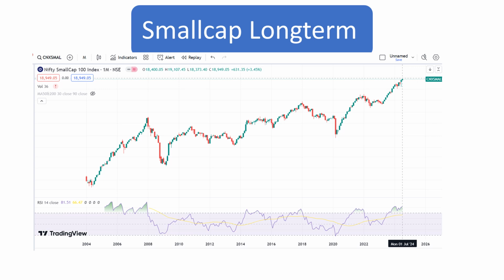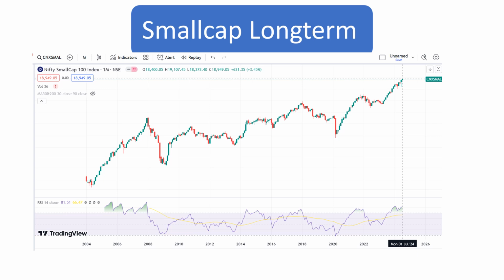They are more volatile and they go up like crazy, they correct like crazy as well, right? So that is the reason it makes a lot of sense if you're a medium term guy to exit these small and mid caps once they hit some kind of a top, and once they correct that 20, 30, 40%, you can again re-enter them looking at how the data is and also the valuations, right?